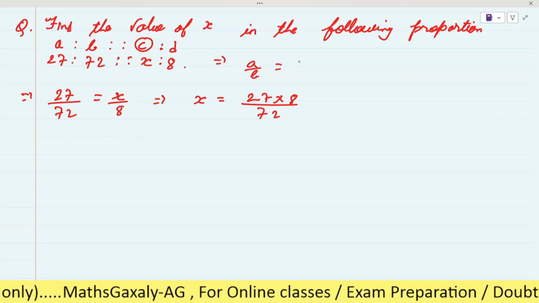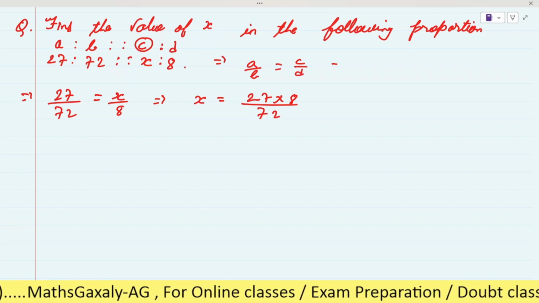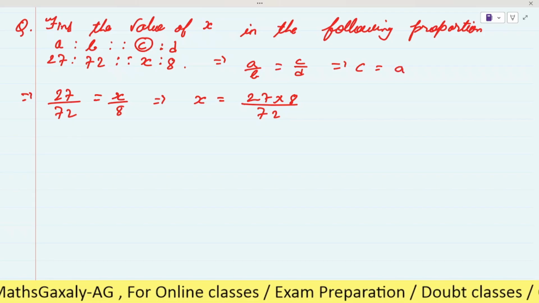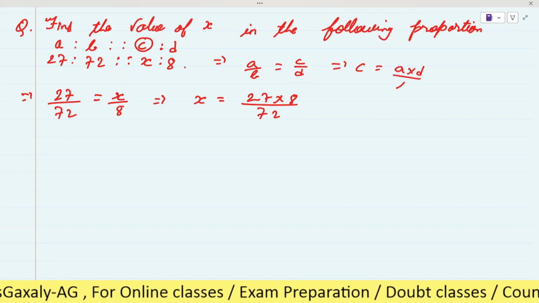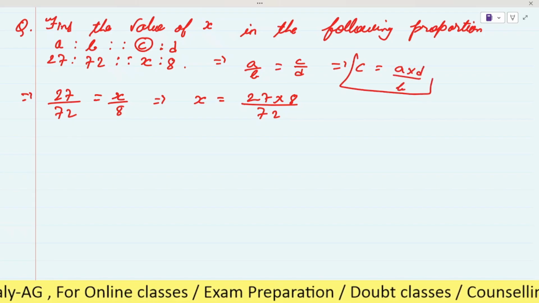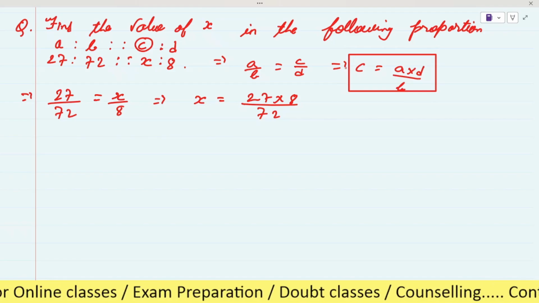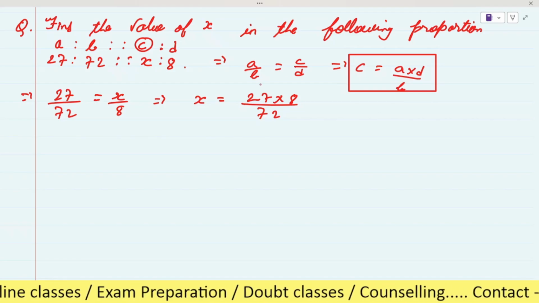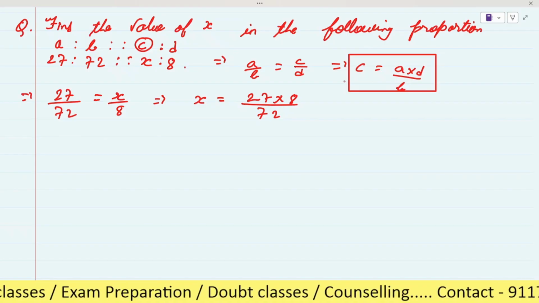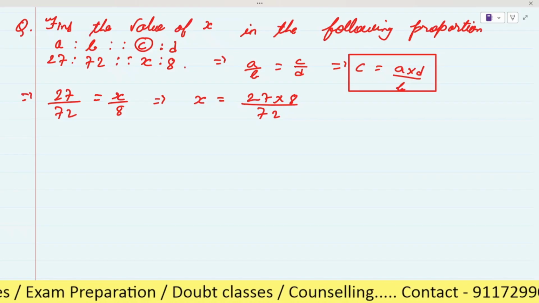See here, A by B equal to C by D. So here C will be A cross D by B, right? है ना? A cross D by B. Okay, so here A is 27 and D is 8 divided by B. B is 72.